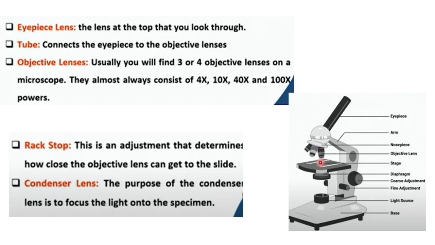The condenser lens is another important component, and its purpose is to focus the light onto the specimen. Light comes from the back side, is focused on your sample through the condenser lens, and then comes to your objective lens. After that it goes through this connector to the eyepiece, and then you put a camera here to get the image.